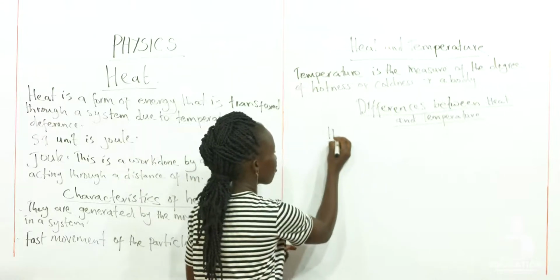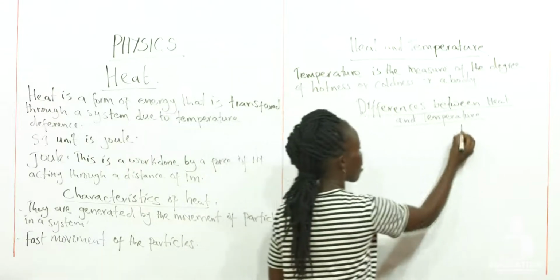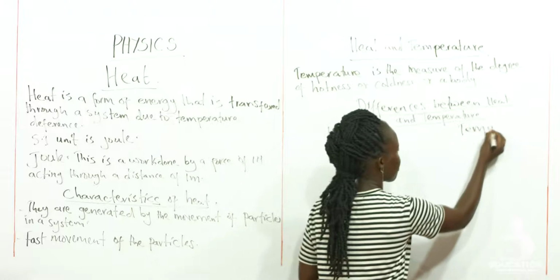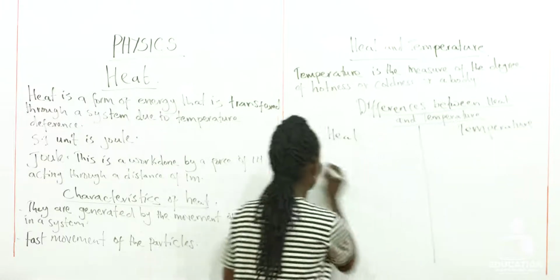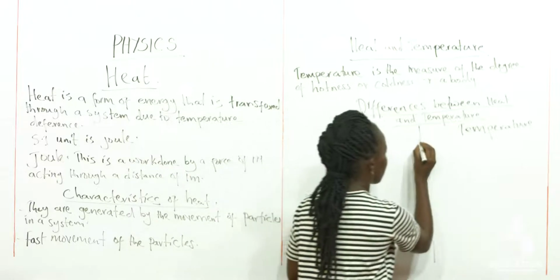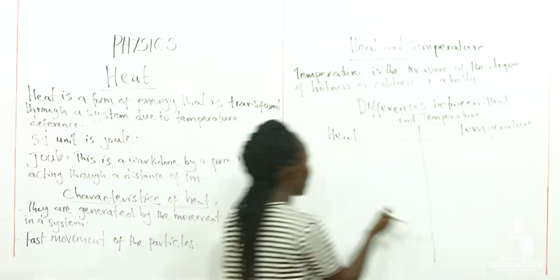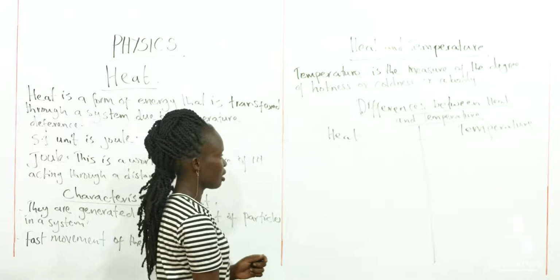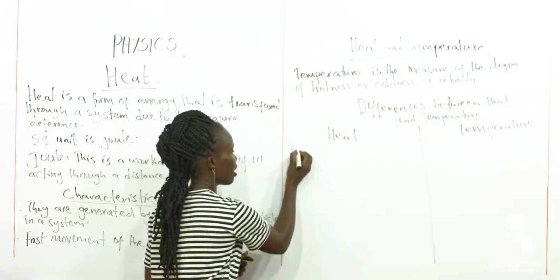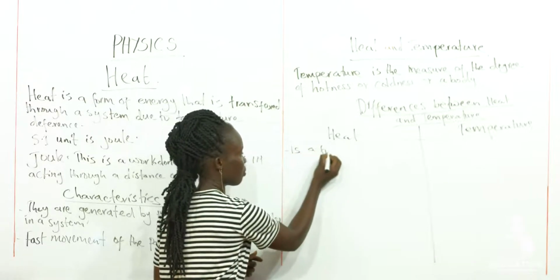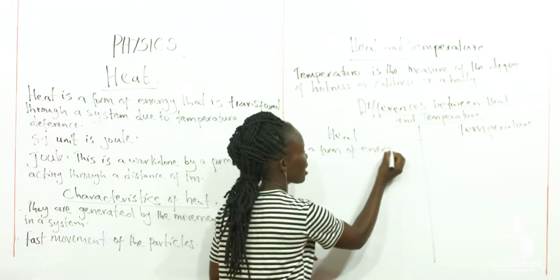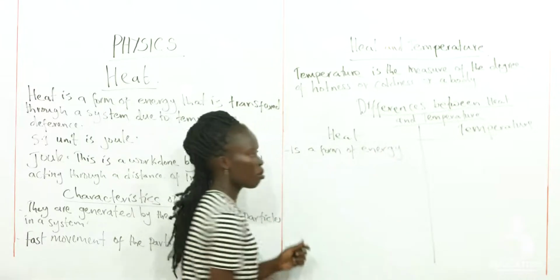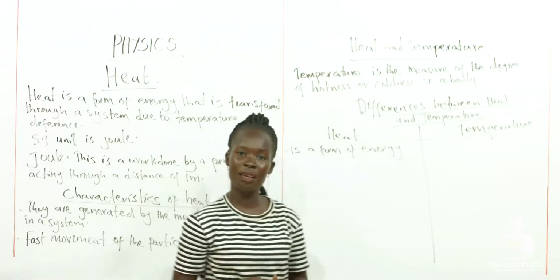So since we have our heat and then we have our temperature, we are saying that heat is a form of energy, and then we are saying that temperature is not a form of energy. So what is this temperature?